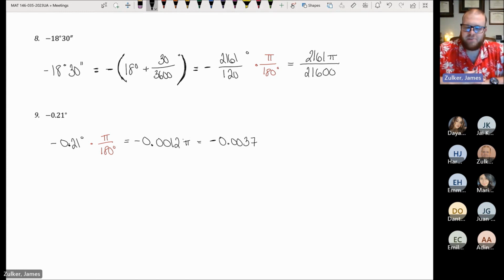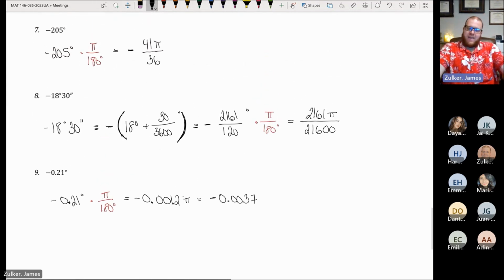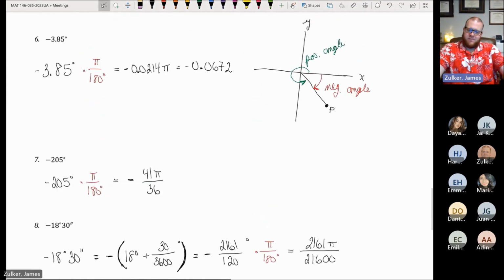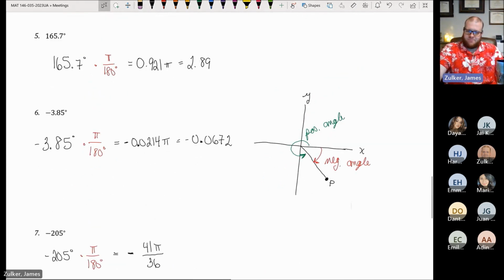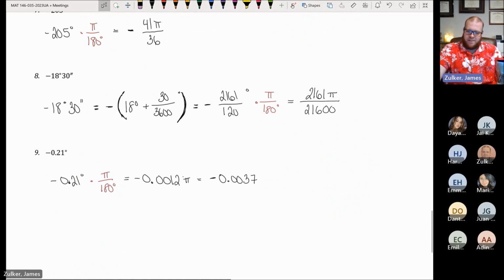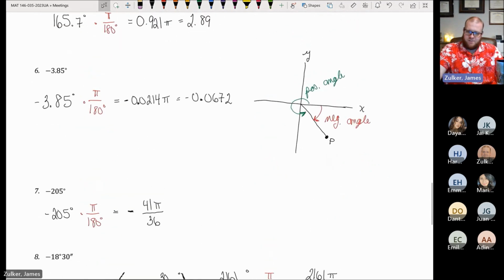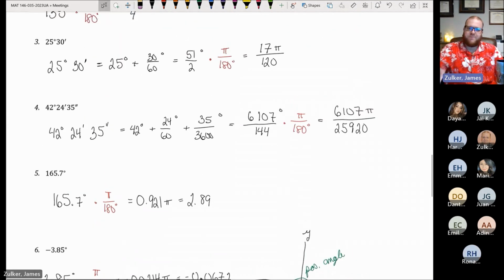As a rule, whenever you're given a decimal, right, as we were in 9, 6, and 5, then the answer that you're going to be giving is also a decimal, an approximation.